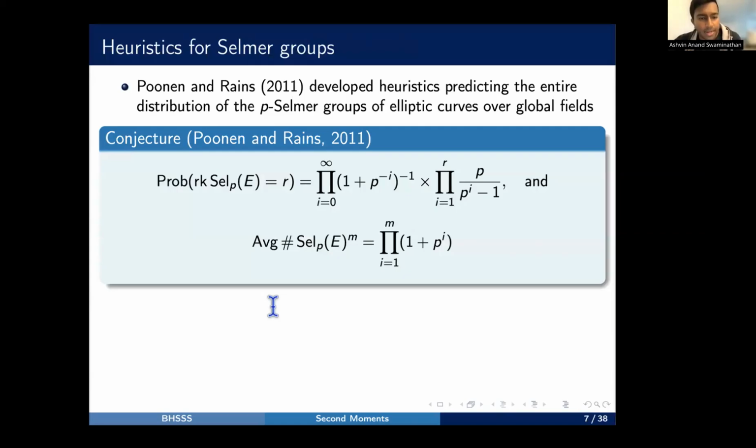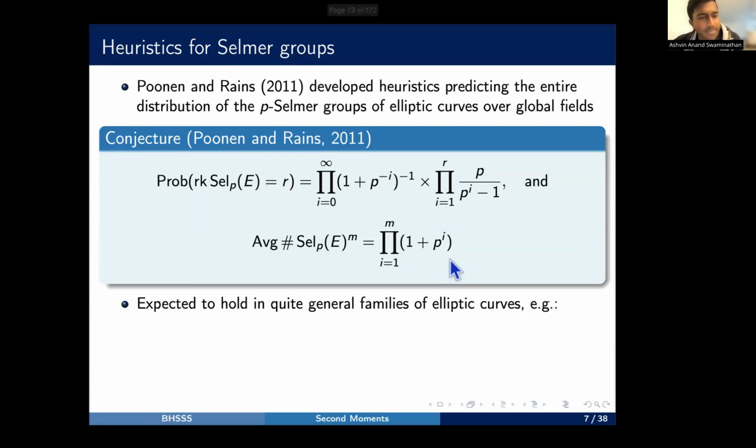They predict a precise formula for the probability that the P-Selmer rank is a given integer r. So that formula is here. And then on the next line, they also have a prediction for the mth moment of the size of the P-Selmer group. This has a beautiful product formula: the product for i from 1 up to m of 1 plus p to the i.